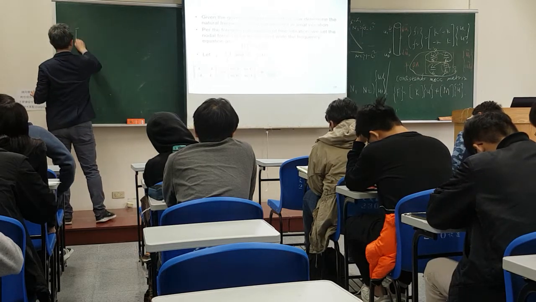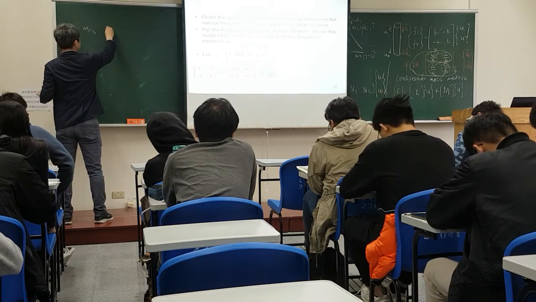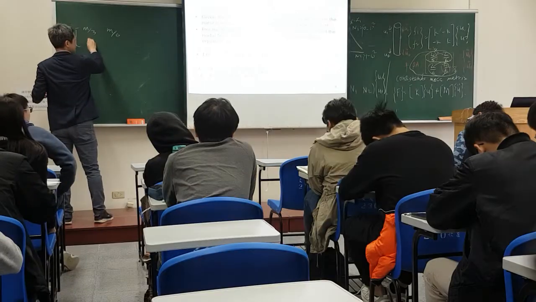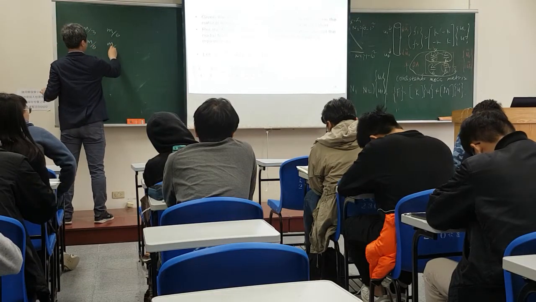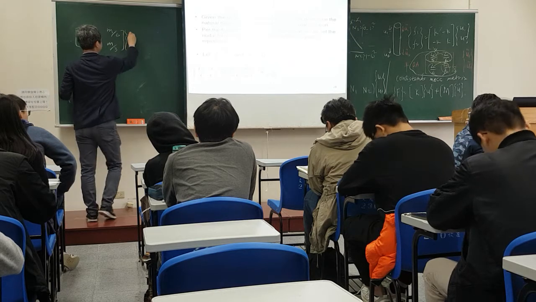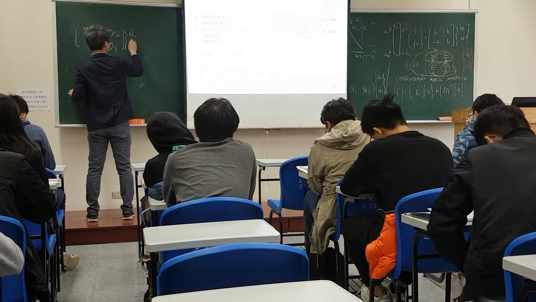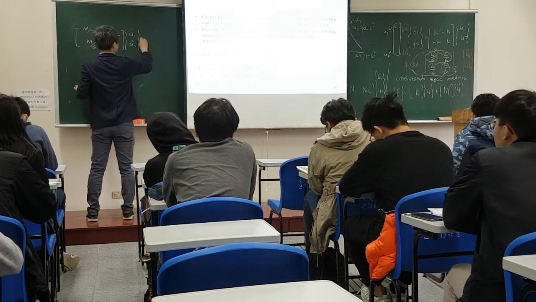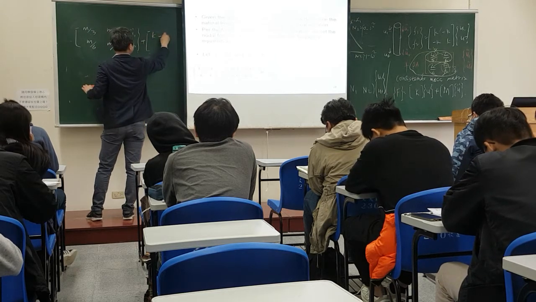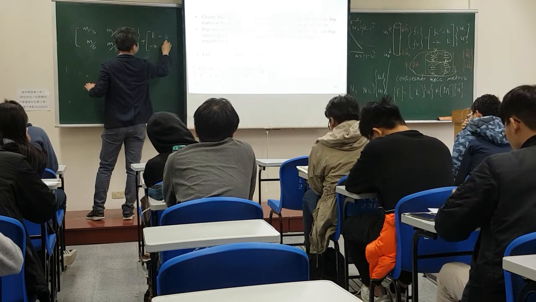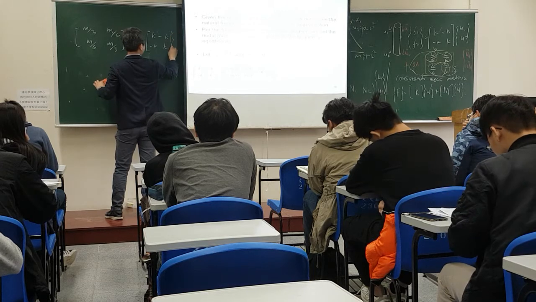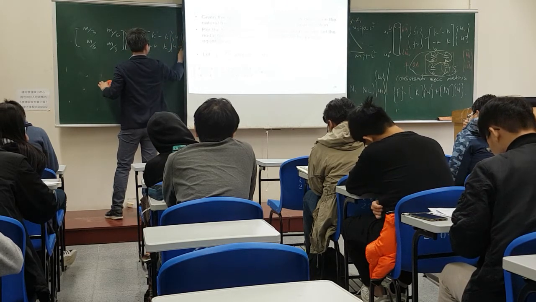So you have this, m over 3, m over 6, m over 6, m over 3 times the acceleration U1 double dot, U2 double dot, plus your K, minus K, minus K, K, and then your U1, U2.